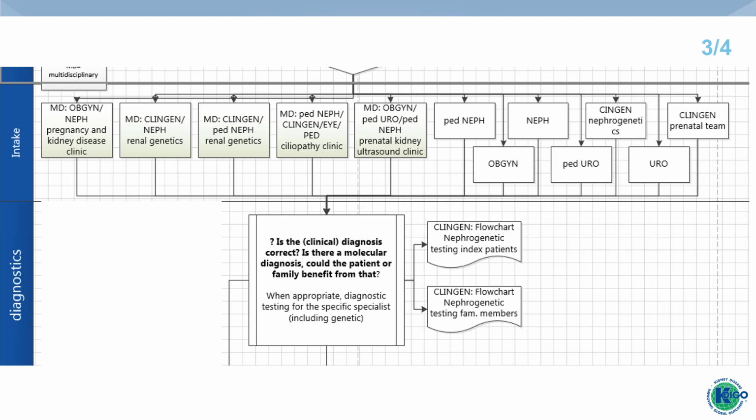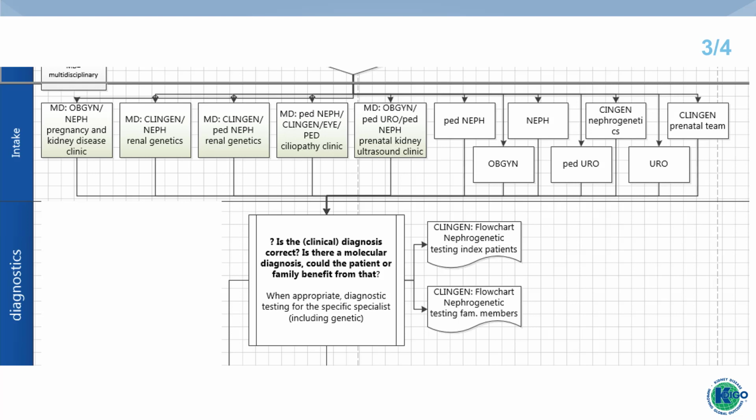These are for the women with kidney disease that either want preconception advice or pregnancy follow-up. Then there's the clinical genetics and nephrology clinic, so the adult renal genetics clinic. There is the pediatric renal genetics clinic, where I usually do the clinic with the pediatric nephrologist.